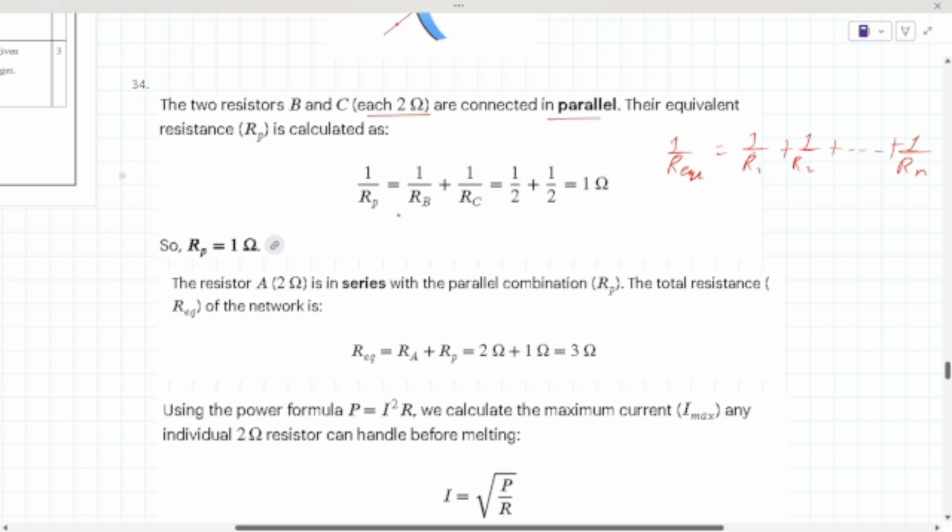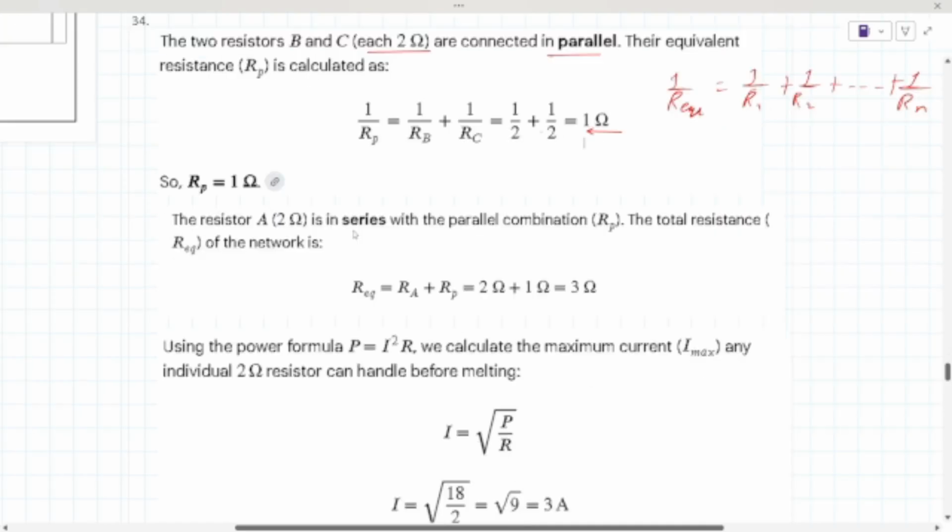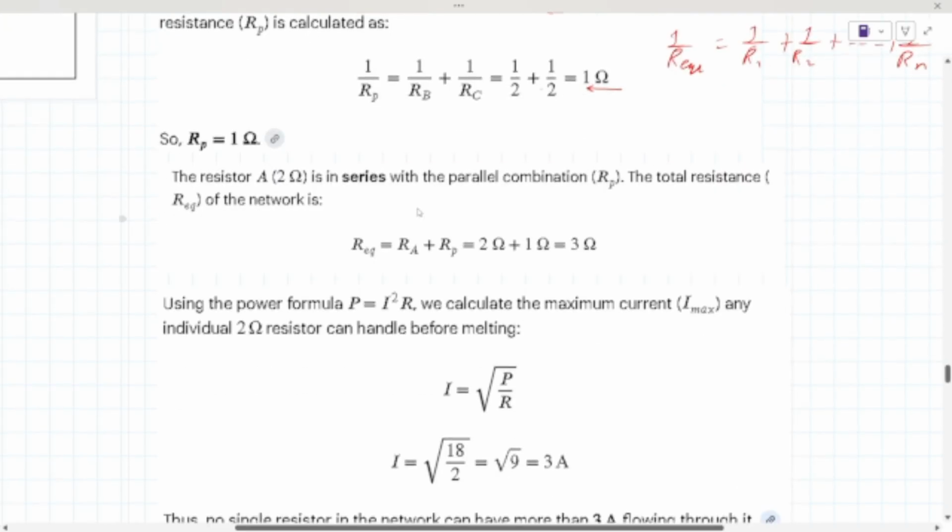So here R equivalent will be 1 by 2 plus 1 by 2, it will be 1 ohm. Now this 1 ohm will be in series with the resistor A, which is 2 ohm. So here R equivalent will be 1 plus 2, 3 ohm.